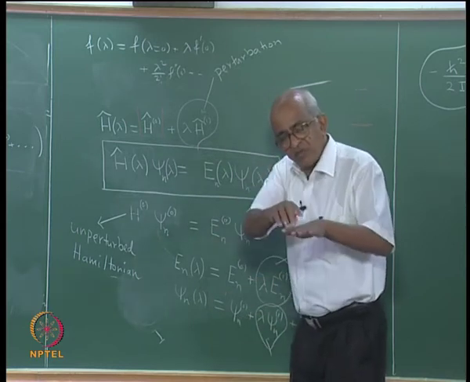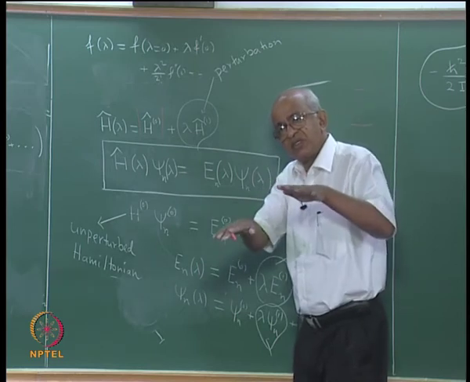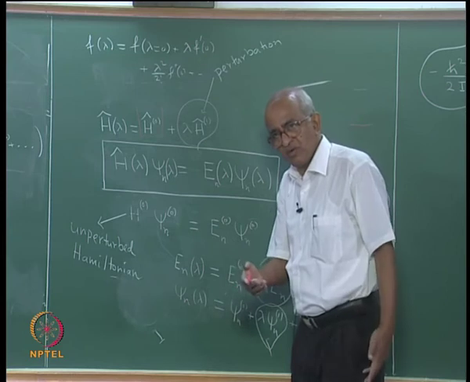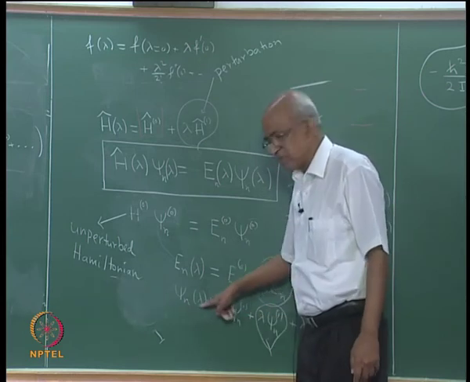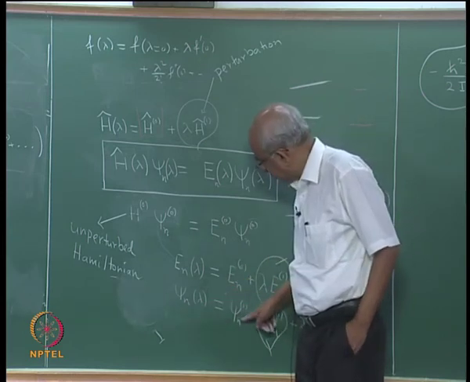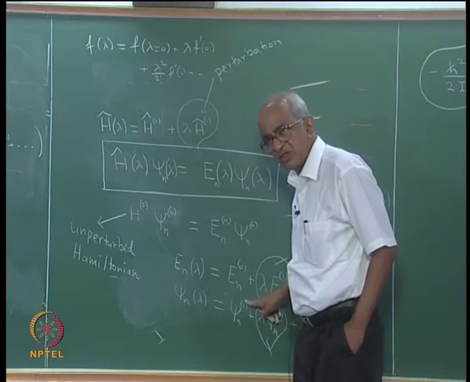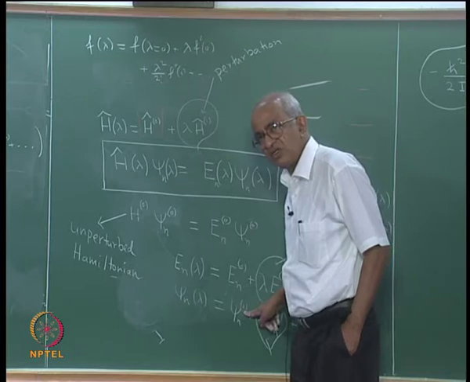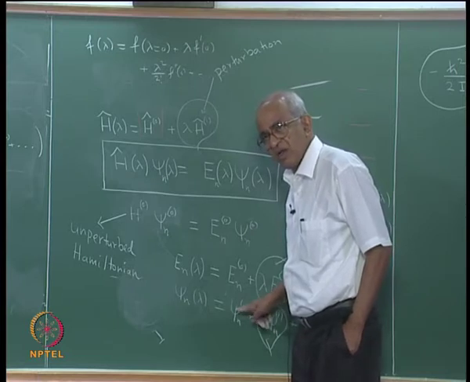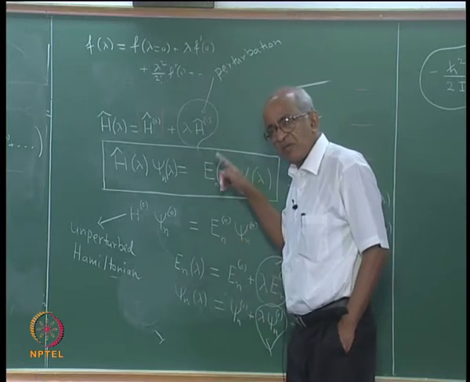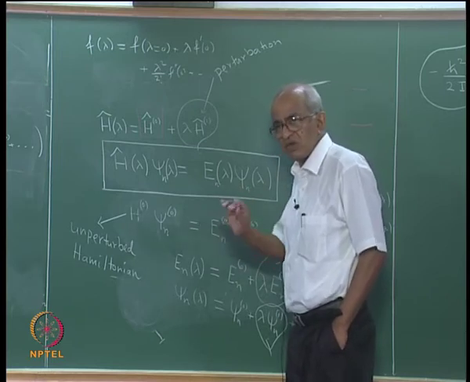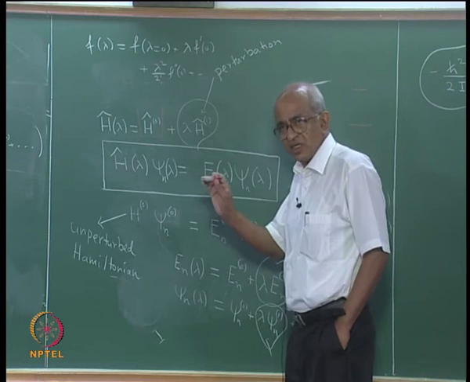It may be the first state, it may be the second state, or perhaps it may be a combination of the two, I do not know. So, this expansion actually assumes that I know uniquely what this psi n 0 is, and that I can do only if my energy level is non-degenerate. And therefore, whatever I am actually developing is applicable only for non-degenerate levels, it is not applicable for degenerate levels.